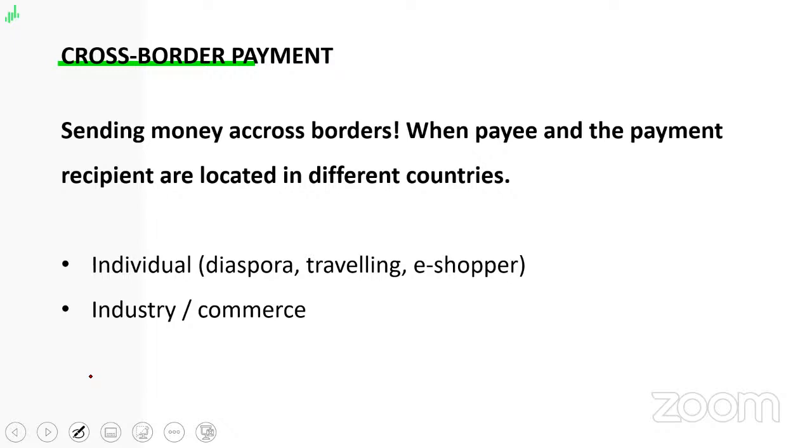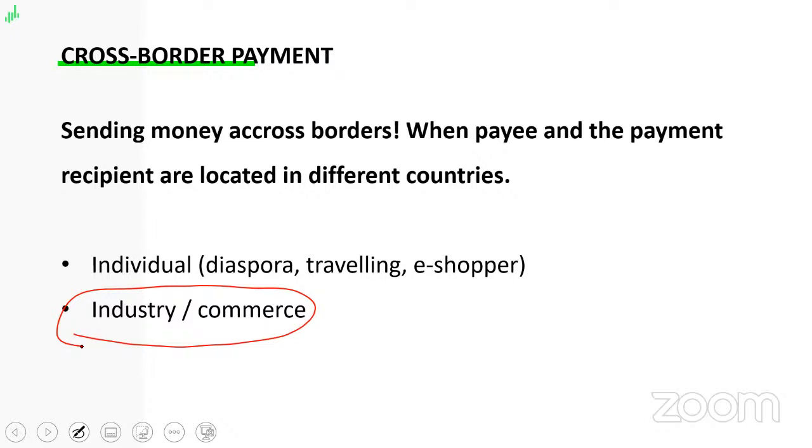Most of the cross-border payments in the world, it's very hard to have very accurate numbers as you will see in this presentation, but let's say that 95% of the cross-border payments are done by industry and are related to commerce. The other part being individual. So maybe you have already made a cross-border payment without even noticing it.